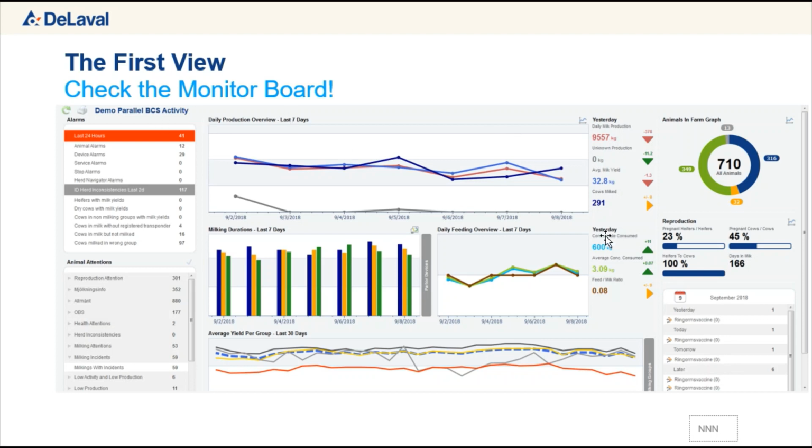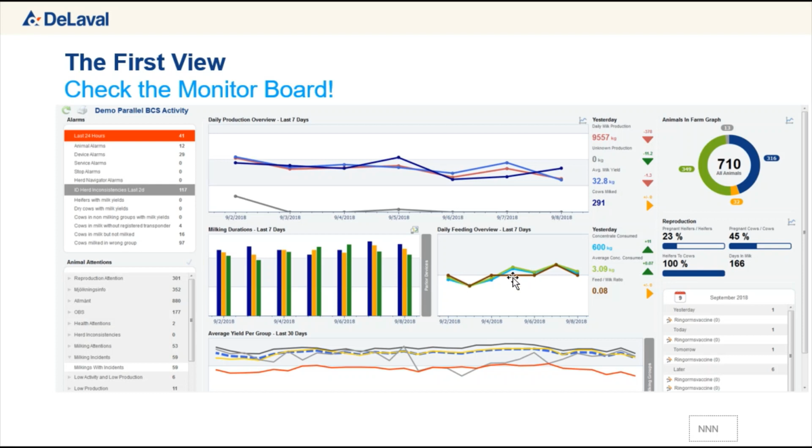The central part of a monitor board has 3 or 4 different graphs. The upper graph is showing us the milk production of last 7 days. It tells us about milk production, number of cows milked, and the average yield per cow. And then in the middle section, we have a graph which tells us for how many hours our parlor is working.